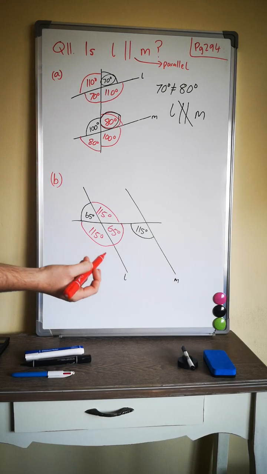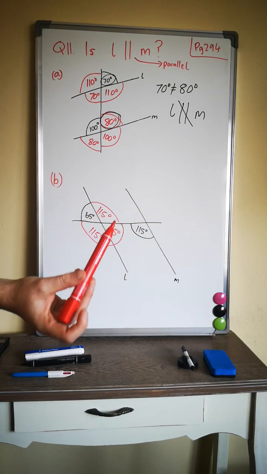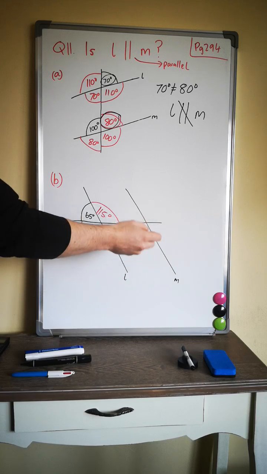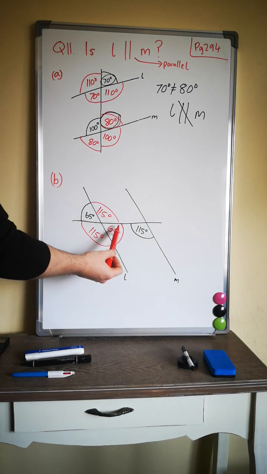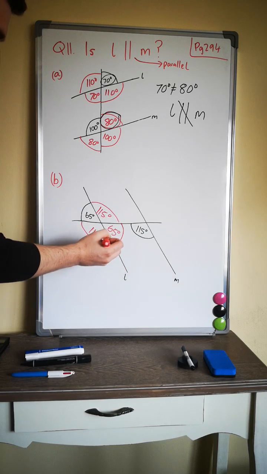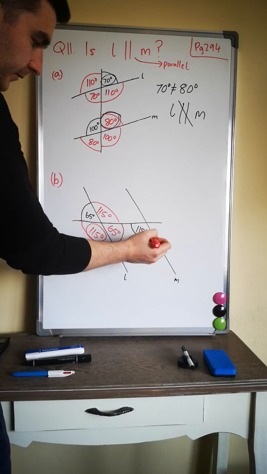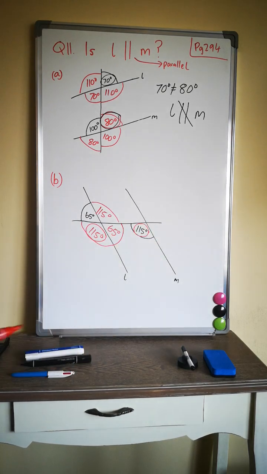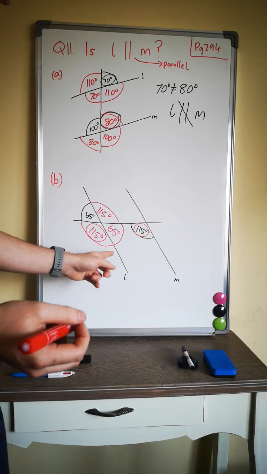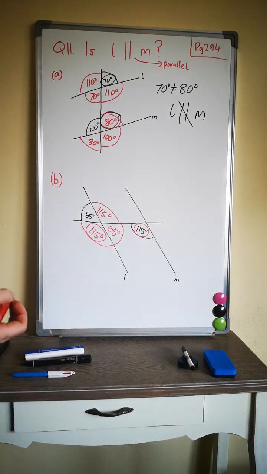Now the exact same on this side, without even going on any further, without figuring all out and wasting some time. If you look at the group of angles here, let's look at the bottom left angle. That's this one here. Is that angle the exact same as this one? It is, so we know already they're parallel. So this means that L and M are parallel for this question, but we'll just figure it out.